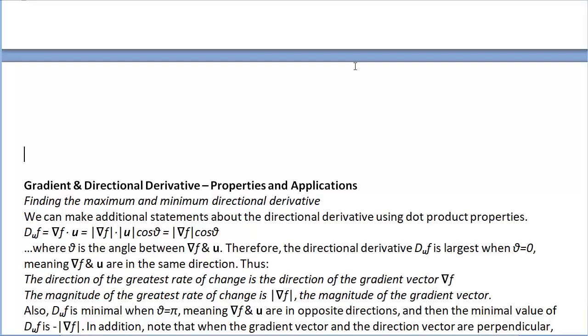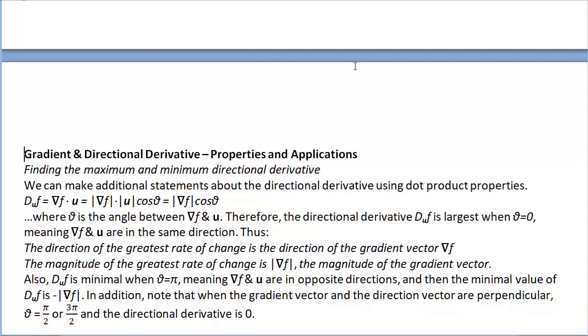And then also we can observe that when the vectors are in the same direction or opposite direction, what about if they're perpendicular? Well, if they're perpendicular, then theta would be either pi over 2 or 3 pi over 2. Cosine of that is 0. Therefore, the directional derivative or rate of change would be 0.